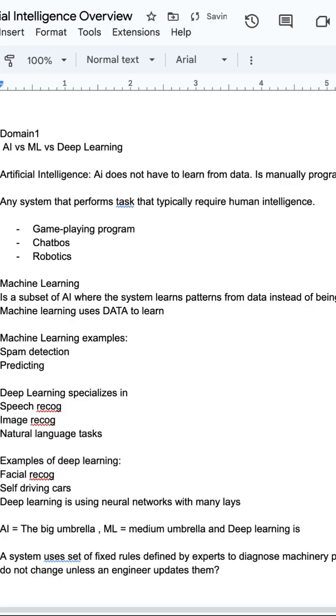So which one would this be? Artificial intelligence, machine learning, or deep learning? The answer is that this falls under artificial intelligence. The reason is it's not making an inference. It's going completely off the rules set by an engineer, which automatically labels this as artificial intelligence.